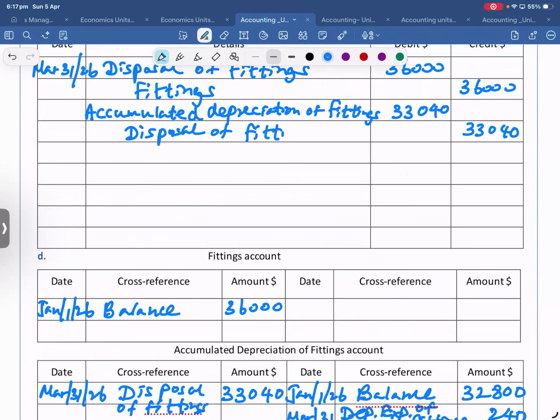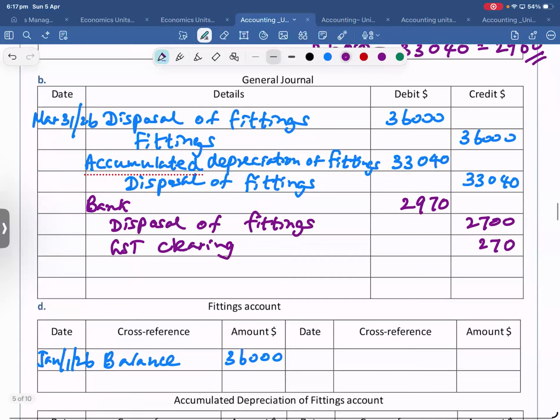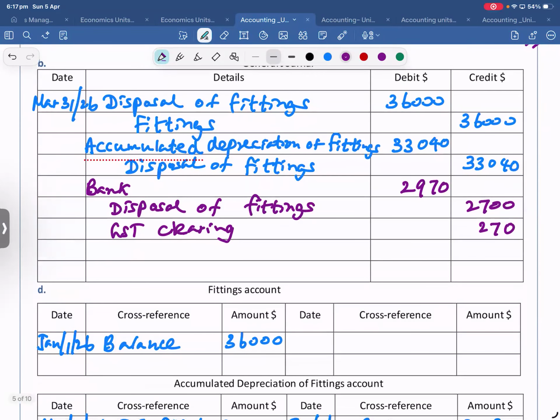Right. Then we are debiting the bank, yes? 2970 and credit disposal of fittings 2700. GST clearing 270.